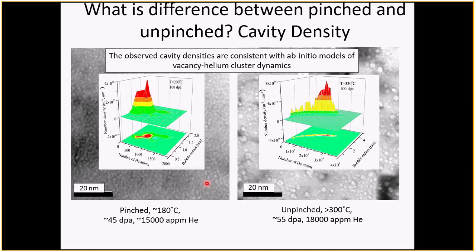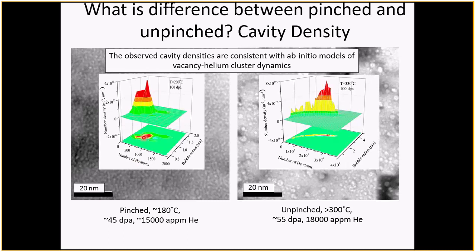When we were first aware of the amount of helium being produced, 18,000 atomic ppm of helium, we commissioned guys at Oak Ridge to do some modeling, and the cluster dynamics modeling showed what you expected.